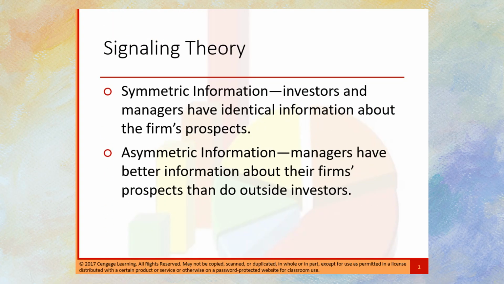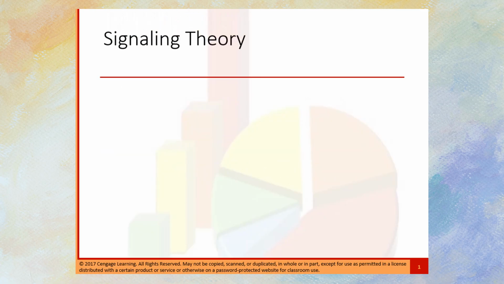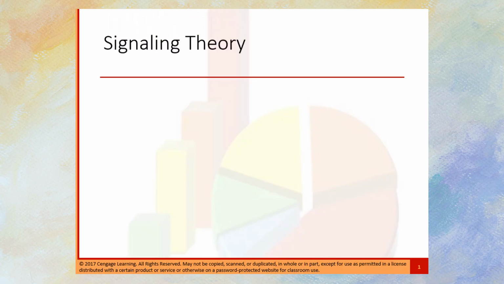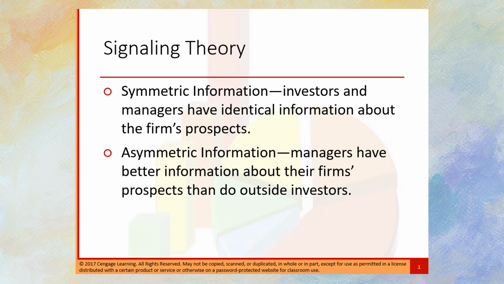Symmetric versus asymmetric information. To understand signaling theory, you need to understand information symmetry. In a perfect world, investors and managers would have symmetric information. That is, they would share the same understanding of the firm's future prospects. But in reality, this is rarely the case.